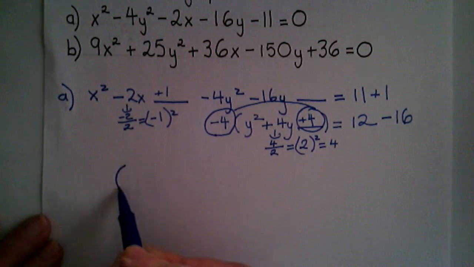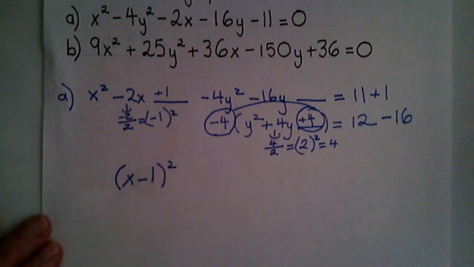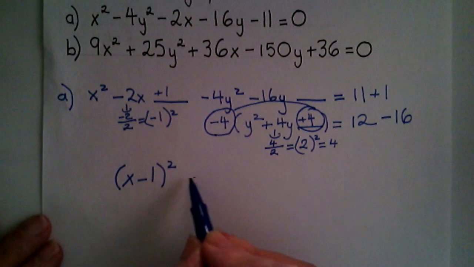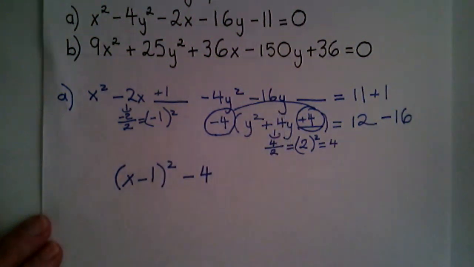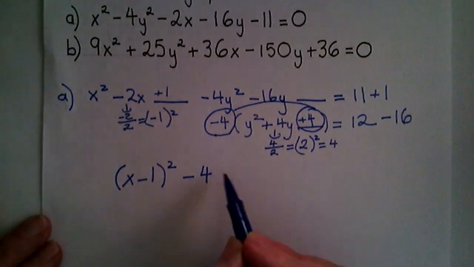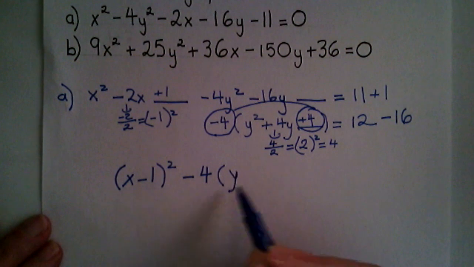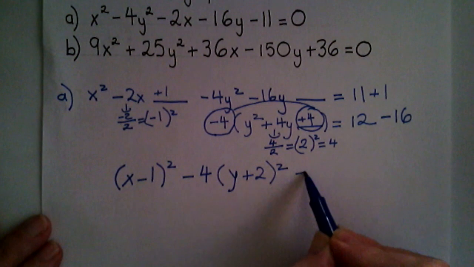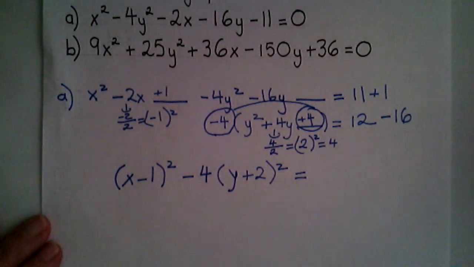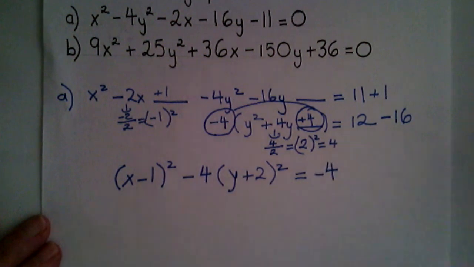Here we have x minus 1 squared. Now we can't forget that minus 4, so whatever you factored out has to go there. And then we have our y plus 2 squared is equal to 12 minus 16, easy peasy, negative 4.